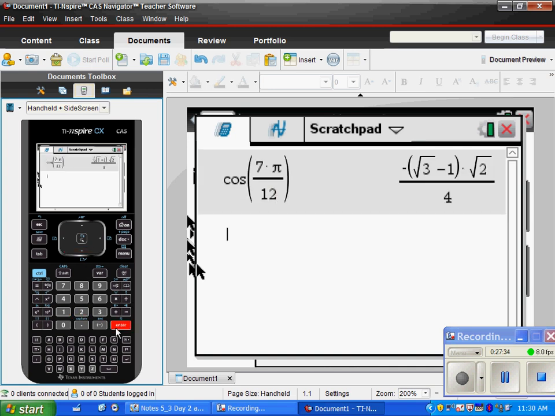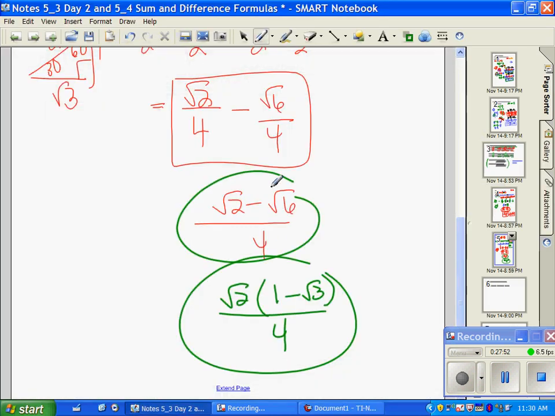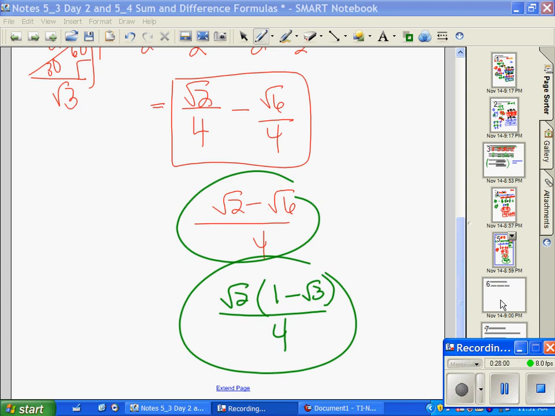Press enter, and look, this time, let's see what they did. They have negative root 3 minus 1. So why they would do this, the factor the negative out, if you distribute this back in, this would be negative root 6 plus root 2, which is what we have, negative root 6 plus root 2. They just, for some reason, factored out the negative instead. So we have an equivalent answer.